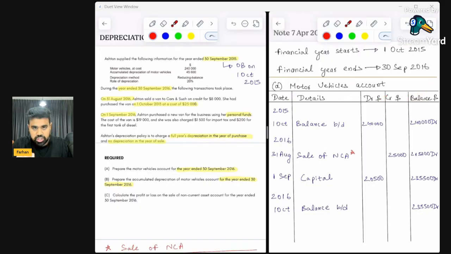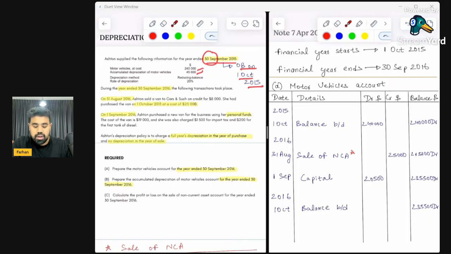So to begin with, we are given the balance at 30 September 2015 for motor vehicles at cost and the accumulated depreciation. All these closing balances, which we are given at 30 September 2015, will be carried forward as the opening balance on 1 October 2015.